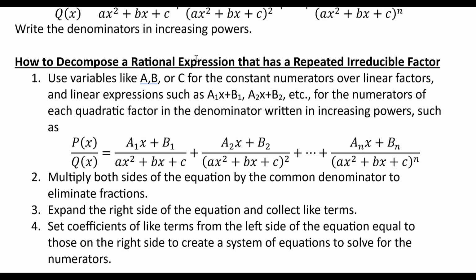So how do we decompose a rational expression that has repeated irreducible factors? Use the variables a, b, or c as the constant numerators over the linear factors, and linear expressions such as a1x plus b1, a2x plus b2, and so on, for the numerators of each quadratic factor in the denominator, written in increasing powers, such as we have there.